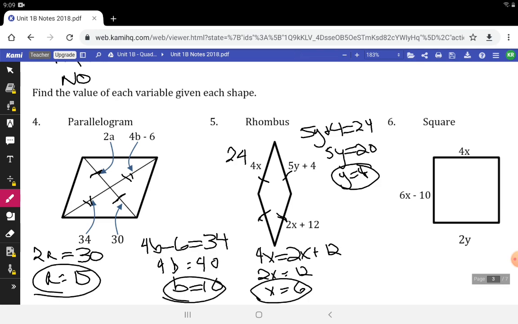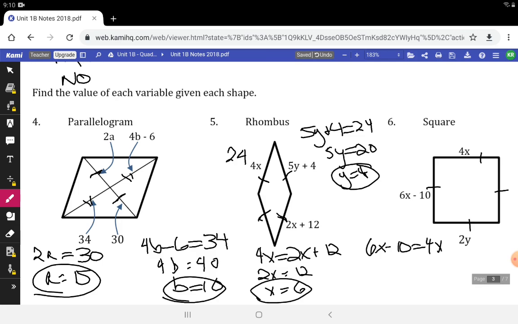All right, last example. We're told that it's a square, so we again know that all 4 sides are equal or congruent. Unfortunately, that doesn't help us with the 4x and the 2y if we look at the opposite sides, but we can look at the consecutive sides and again set up an equation. So we'll say 6x minus 10 equals 4x.